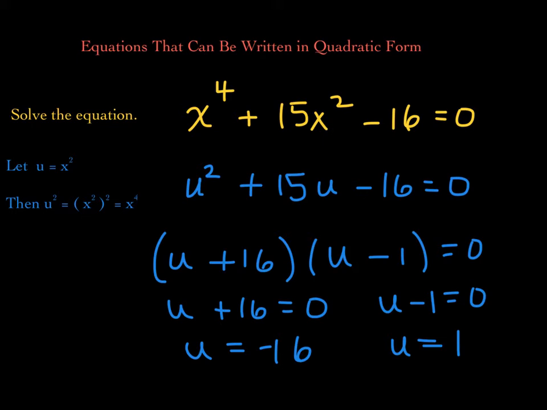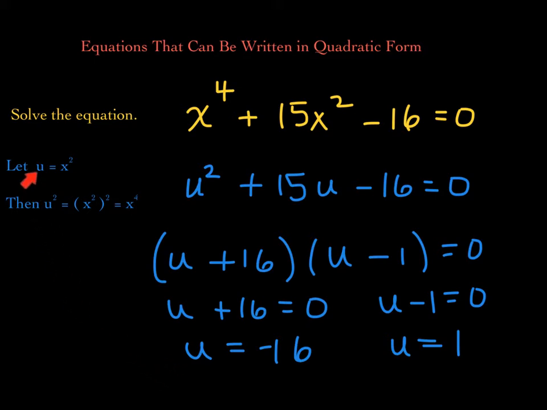which is great. However, the instructions said to solve the equation, and it was in the variable x. We did not solve for x yet. We've only solved for u. So what you need to do at this point, for every single equation that we see in this lesson, is reverse the substitution, or back substitute. Don't forget what u represents. It's right here.